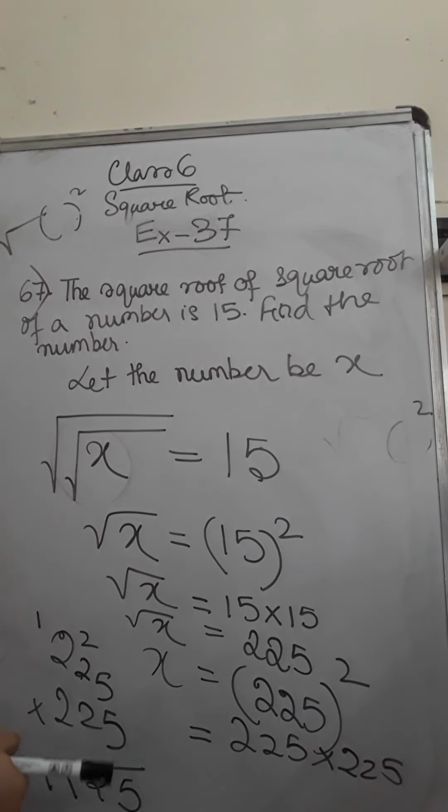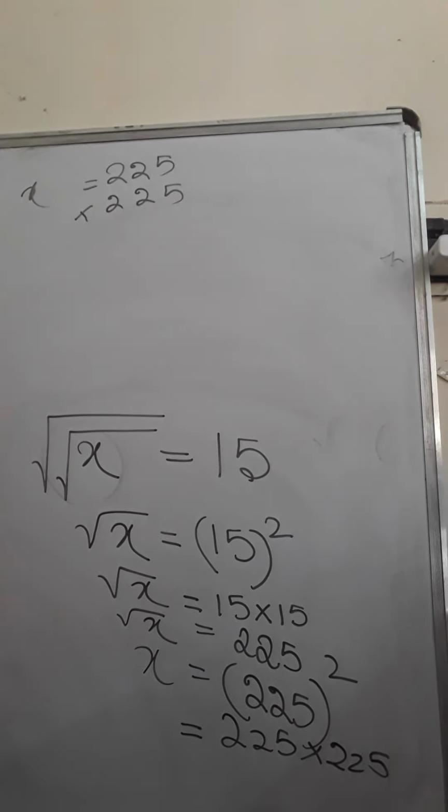There is no space over here, so I can rub the board on top and I am just showing you the calculation. So x will be equal to 225 into 225. Now you multiply it over here.